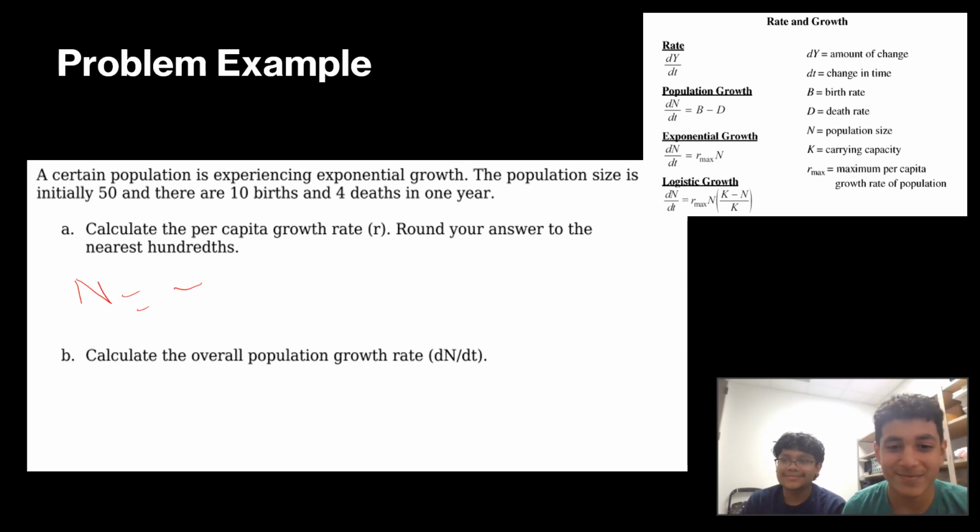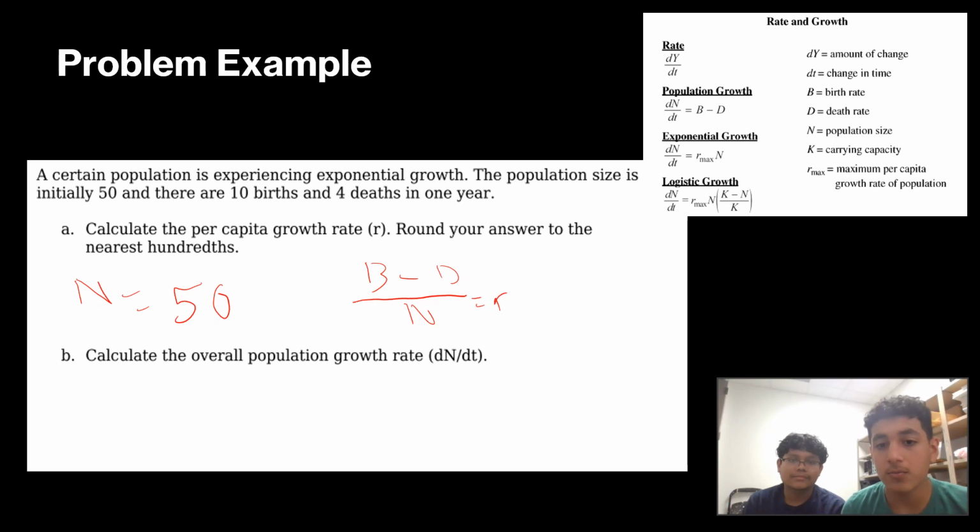Then we need to do the birth rate minus the death rate, divided by the population size. That's how we find r.